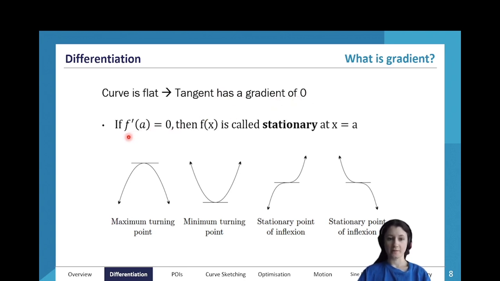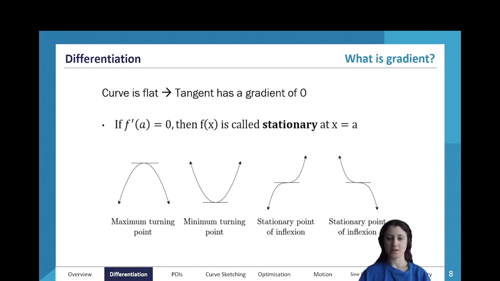So, if the gradient at A is equal to 0, we call this a stationary point at A. If the gradient is 0, we have a stationary point, and this is when the curve is flat. As you can see here, all of our tangents are flat, which means on all of these points on the curves, we have a stationary point.